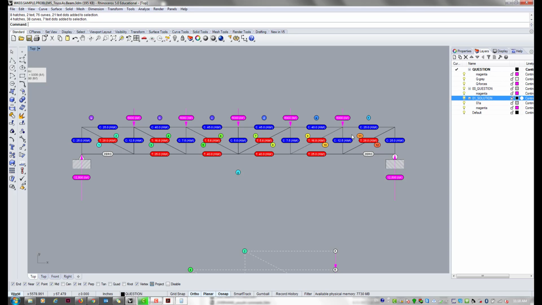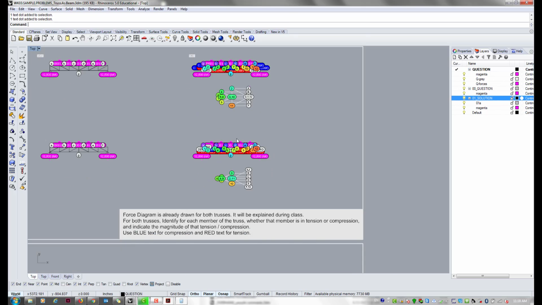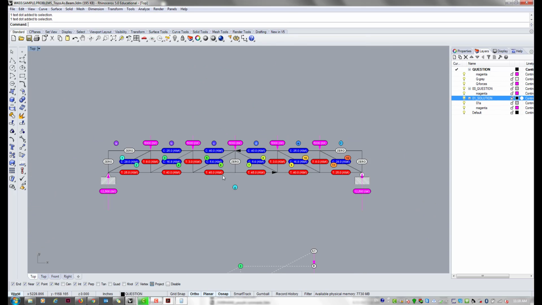The tension in the bottom chord is maximum in the center, as you can see. It's bigger here, and it keeps getting smaller. The compression's biggest in the middle, right? Small. Same thing with the other one, which is tension. So the bottom chord is always in tension and gets smaller as you go to the side, and the compression at the top, the middle is the biggest. As you go to the side, it gets smaller.